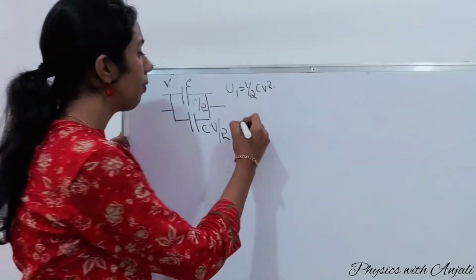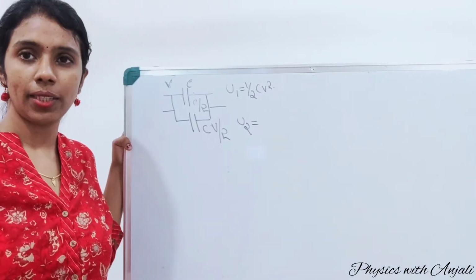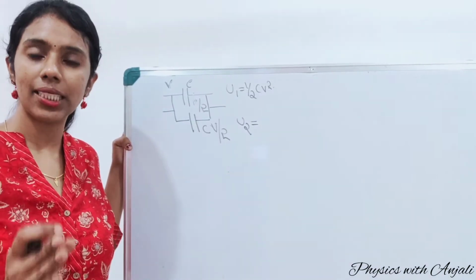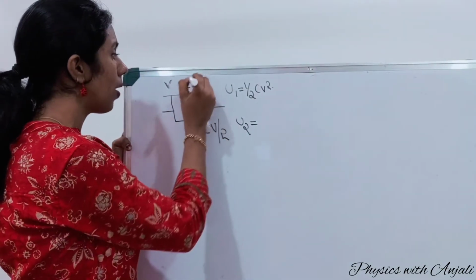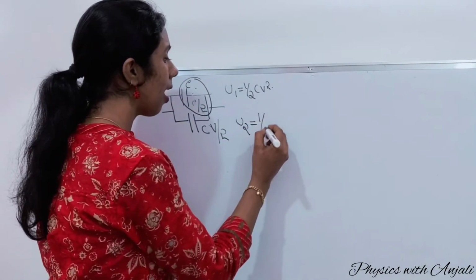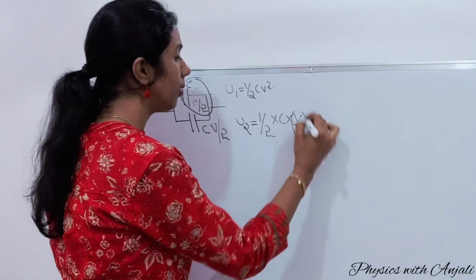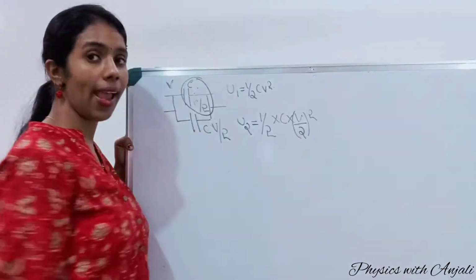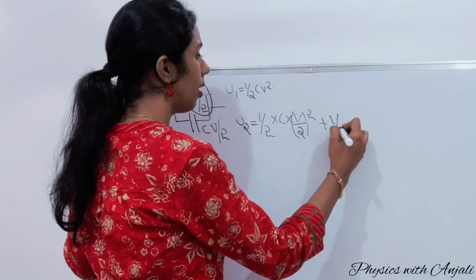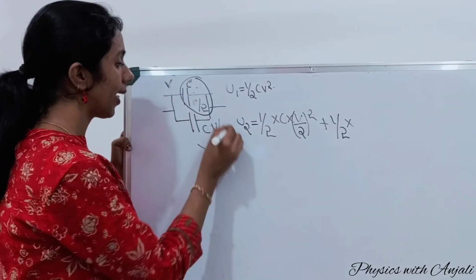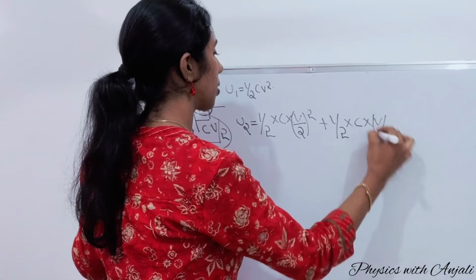So here we will find the energy of this combination. Energy stored in a combination of capacitors is nothing but the sum of individual energies. So first of all, we will find the energy stored in the first capacitor. It is half into C into V by 2 the whole square. Now the potential difference across the first capacitor is V by 2, plus half into C into V by 2 the whole square for the second capacitor.